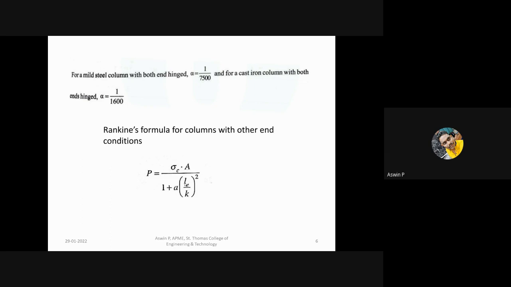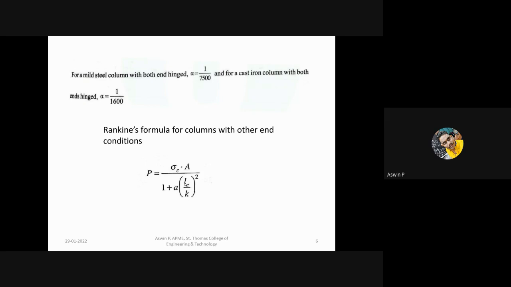Next line, for a cast iron column with both ends hinged, comma, Rankine constant alpha is equal to 1 by 1600.